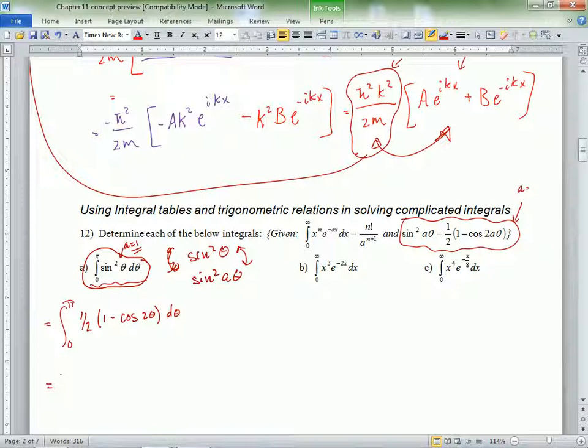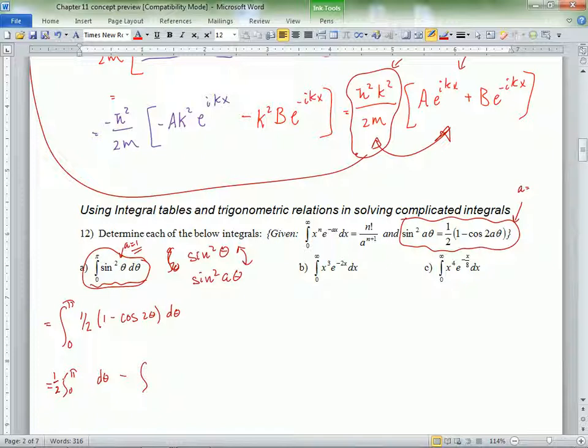So let's break that into two areas then. The integral from 0 to pi of 1/2 d theta minus, and let's pull that minus sign out of the integral, you don't have to worry about it. In fact, we could make our life easier by pulling that 1/2 out of the integral. Can you do that? Yeah. The only thing you can't pull out of that integral is what?